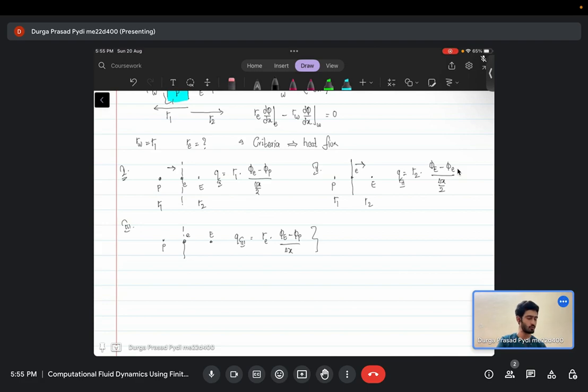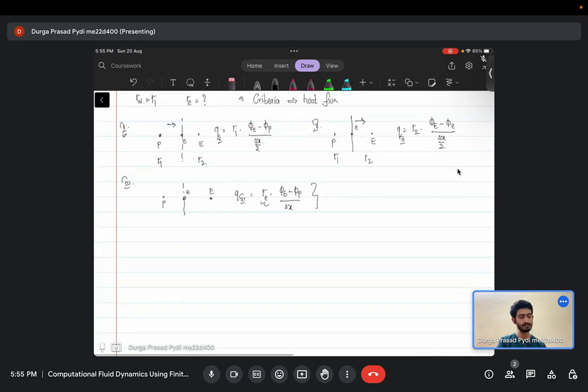The only difference is what is the value of gamma E. So the criteria says that whatever value you choose among all these three options, you should get the same value of flux. So if you want to get the same value of flux, that is the value of gamma that we have to choose. So what I mean is, find gamma E such that Q1 equals Q2 equals Q3.